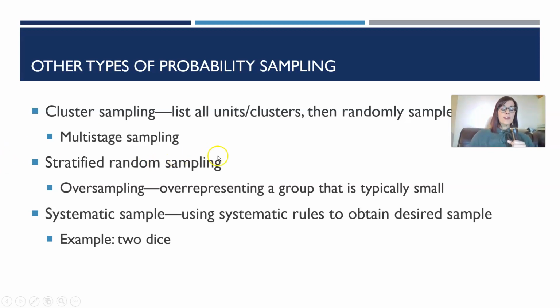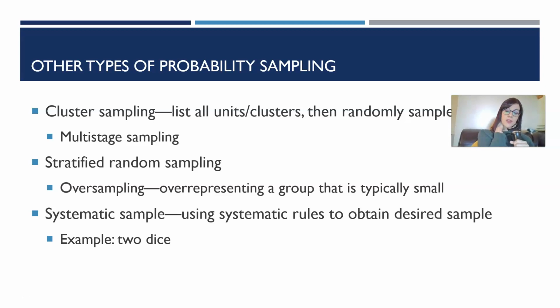We have stratified random sampling, so we divide people into different groups such as freshman, sophomore, junior, senior, and then randomly select people from each of those different groups. One of the things that we can do is something called oversampling. Especially when you're dealing with demographics, there are some cases where some groups are very, very small percentages of the population.